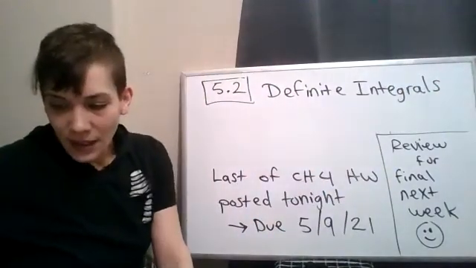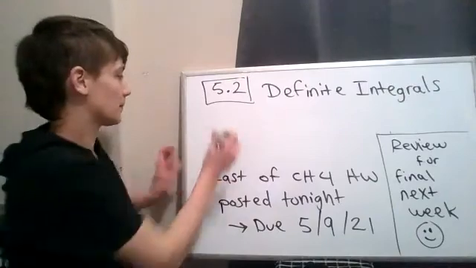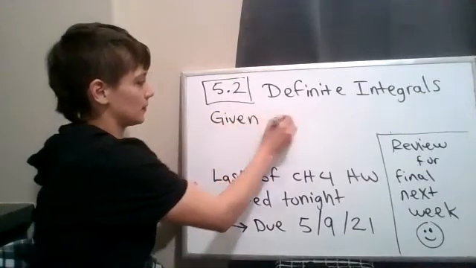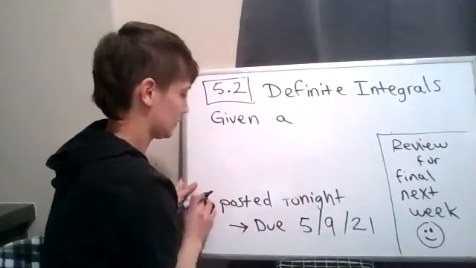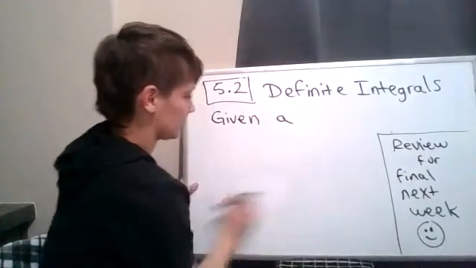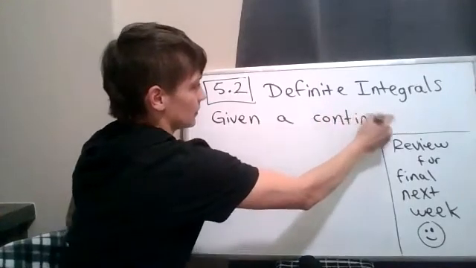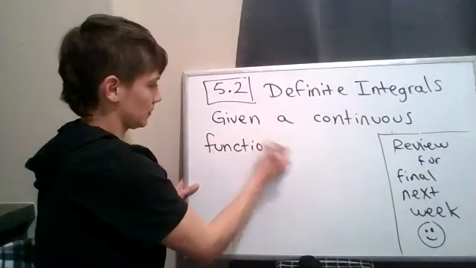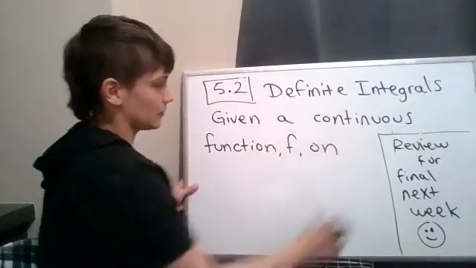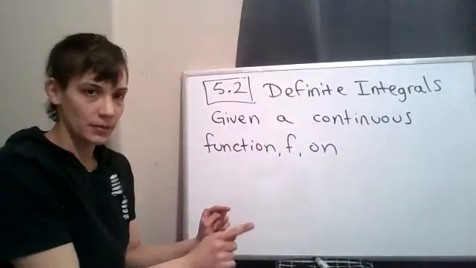We have a continuous function f on [a, b], a closed interval that goes from a over to b.